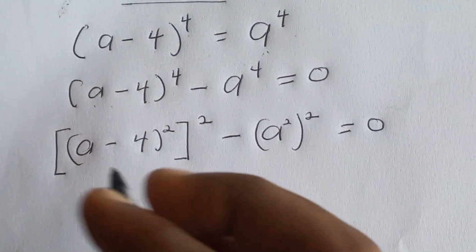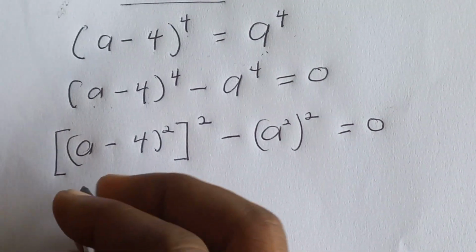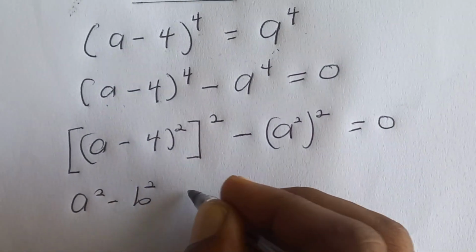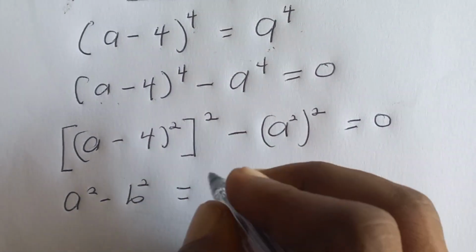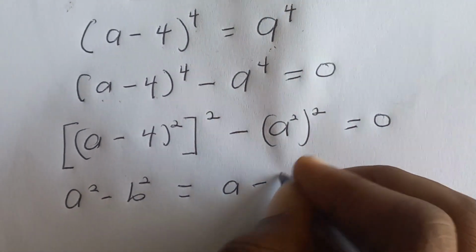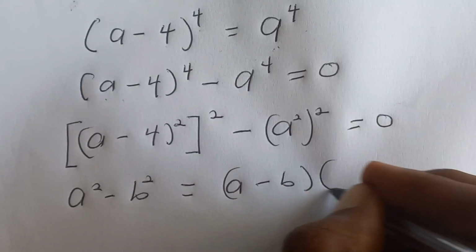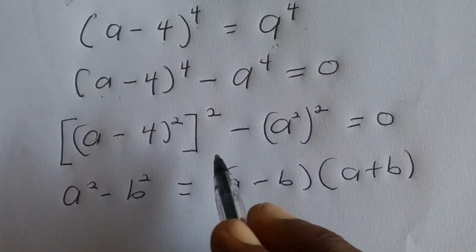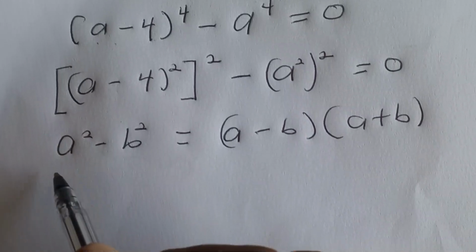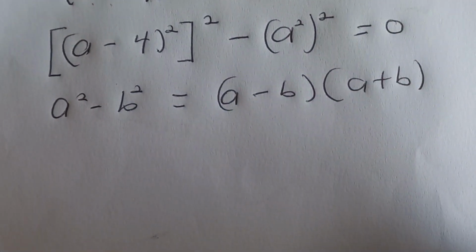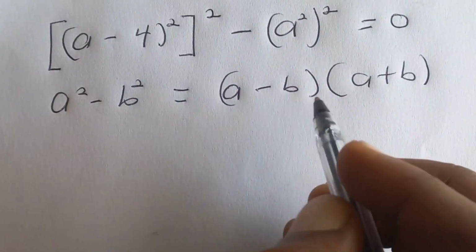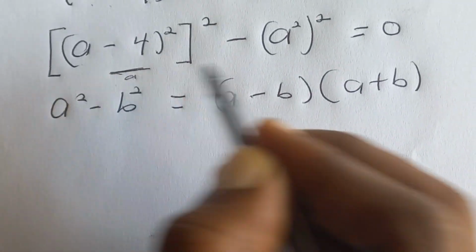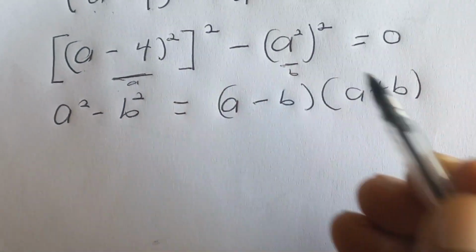Then when you go to algebra, we have this expression as a squared minus b squared, which is equal to (a minus b) into (a plus b). Okay, so we can express this as a difference of two squares. So in this case, our a is this, then this is our b.